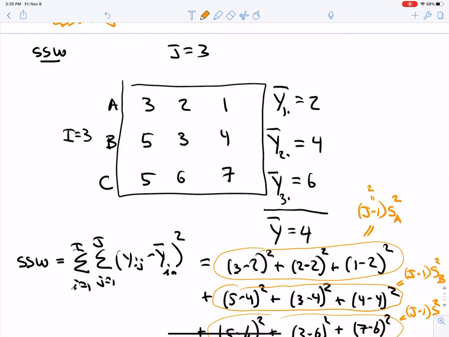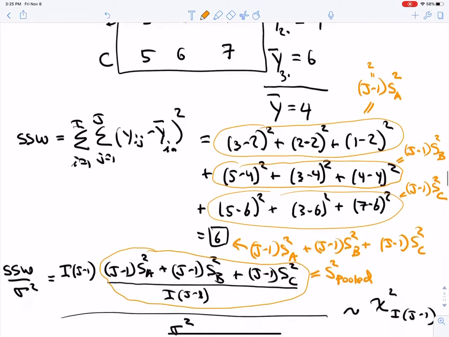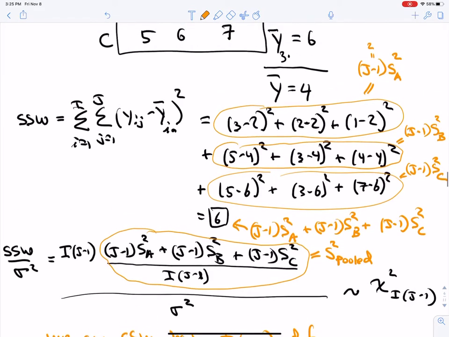So for SSW, same data. We can compute this, and we see that each row here in the sum that I've circled is j minus 1 times the sample variance of A, B, or C groups.